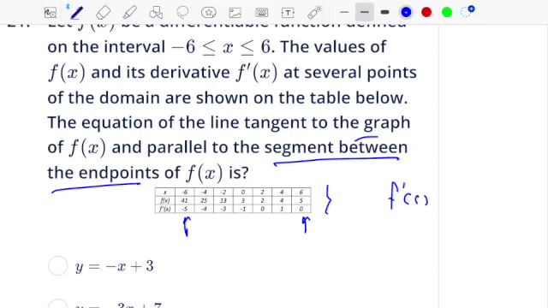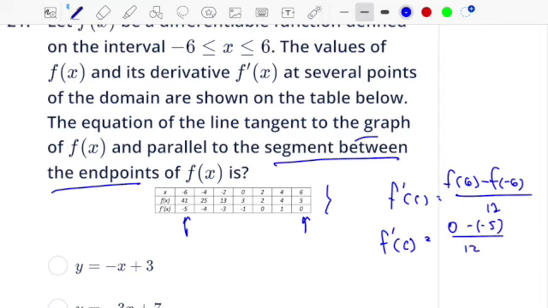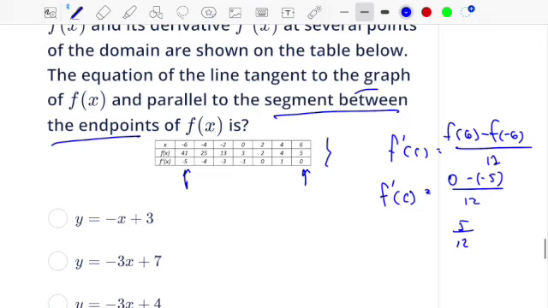f prime of c is equal to f of 6 minus f of -6 all over 12, because that's 6 minus -6. So f prime of c, that's going to be the point. f of 6 is going to be 0 minus -5 over 12. So that's 5 over 12 is our slope. That doesn't look right.